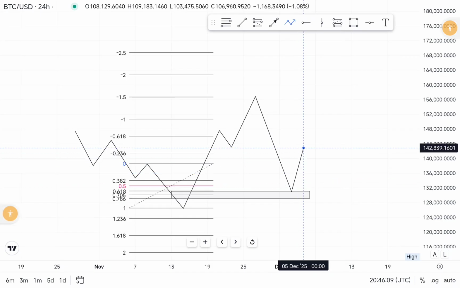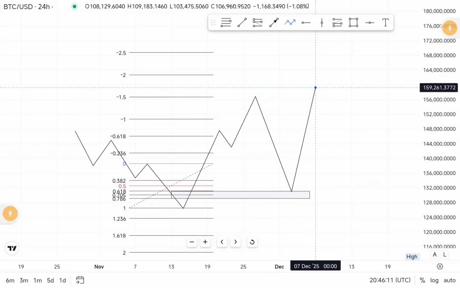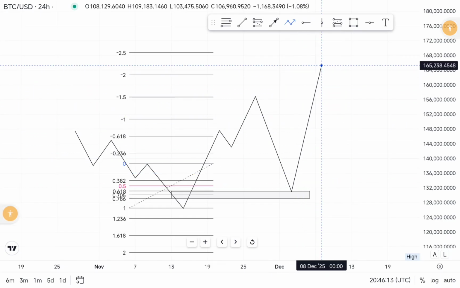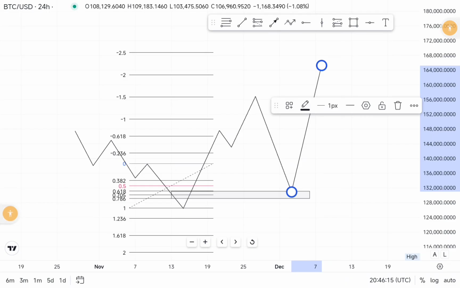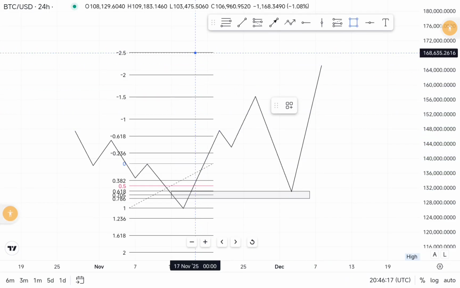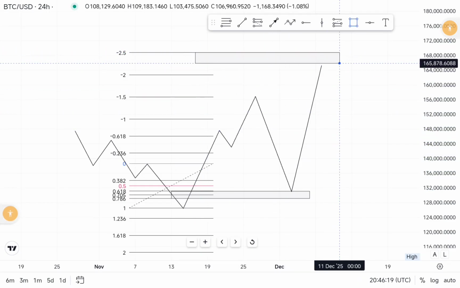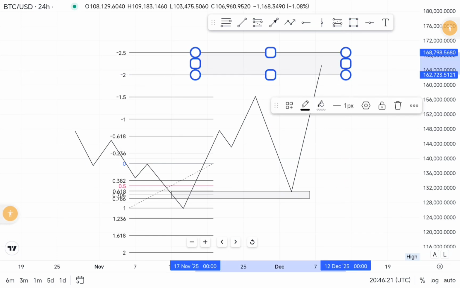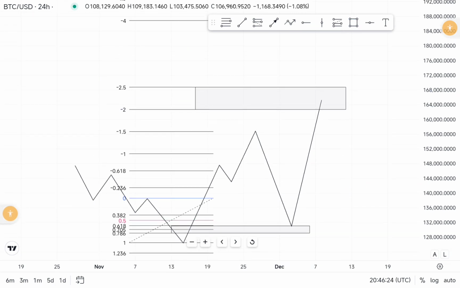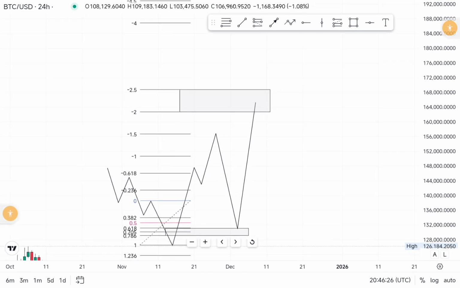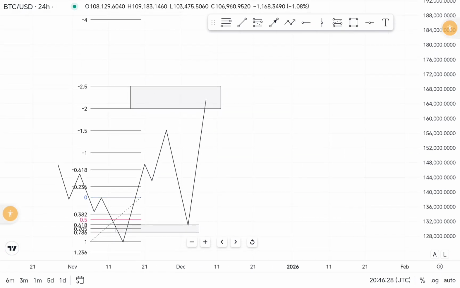So from there, the price now moves to the region of -2 to -2.5. This region normally signifies the end of the trend.